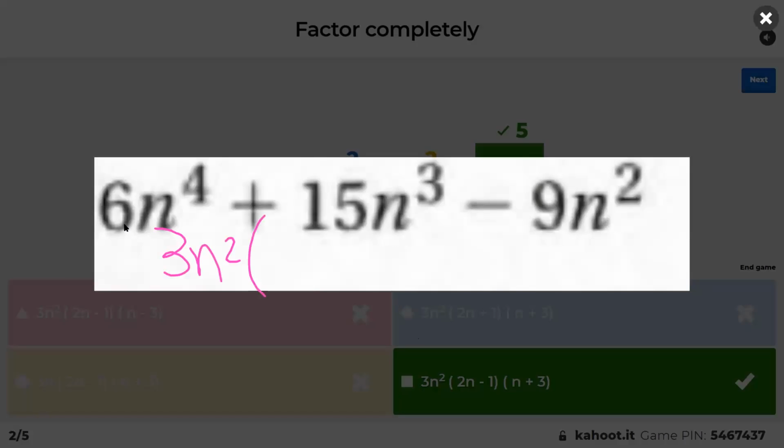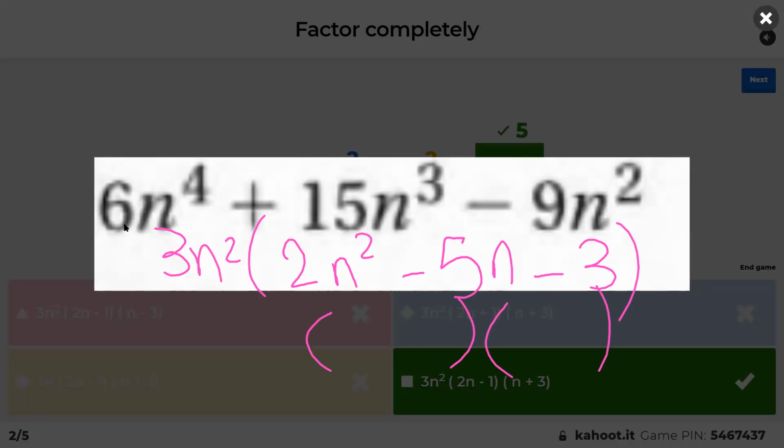Then we will have 2n squared minus 5n minus 3. After that, we have a negative 6. If you multiply a times c, we can factorize them to 2n minus 1 times n plus 3.